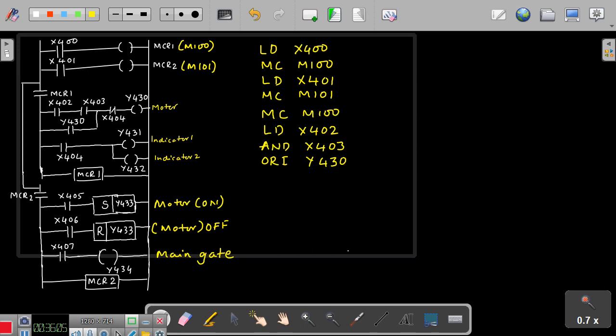ORP Y430, then AN. After having all these branches, you have X404 because your X404 is a normally closed switch. So then comes OUT Y430. I have come to this rung now.